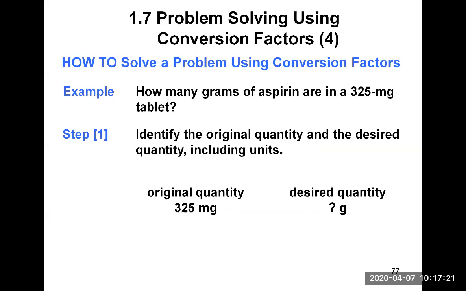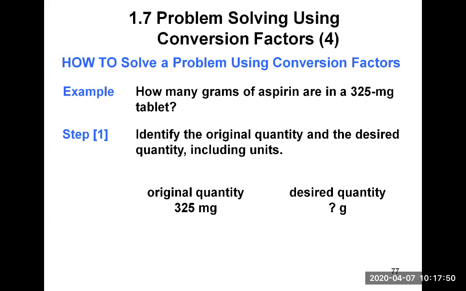The first step is to identify the original quantity and the desired quantity, including their units. So the only measurement given here is the 325 milligrams. So that will be the original quantity, what you will start with.